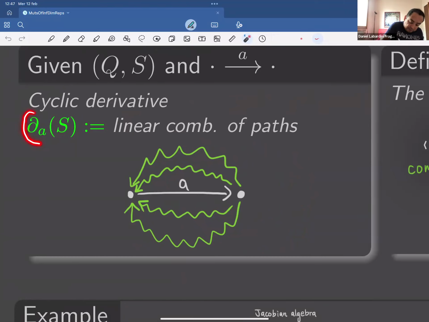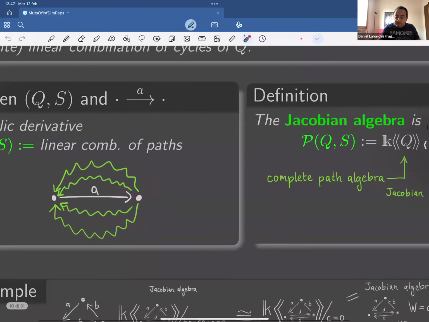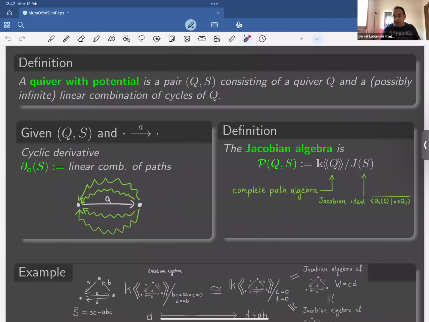And there is such a cyclic derivative for each arrow, so there are as many cyclic derivatives as there are arrows in the quiver.